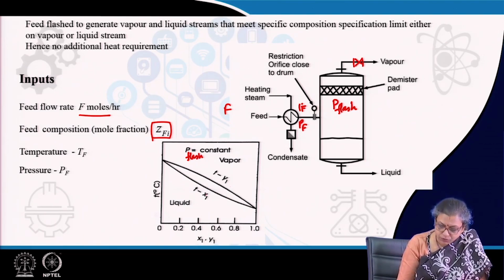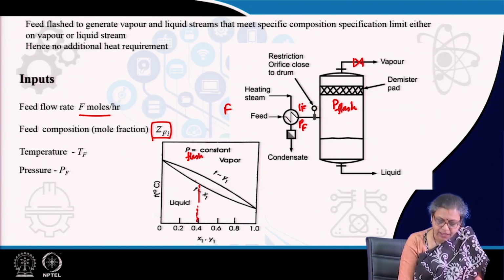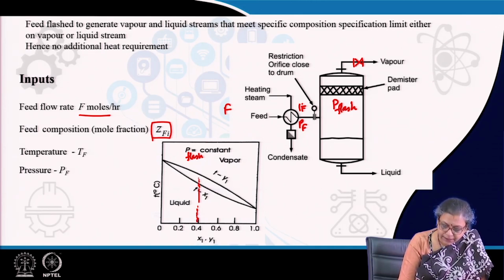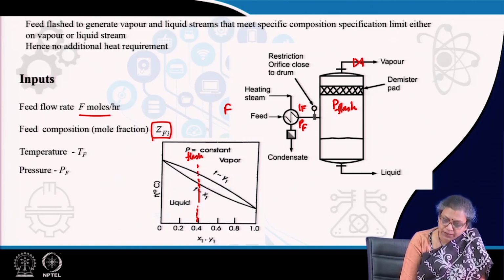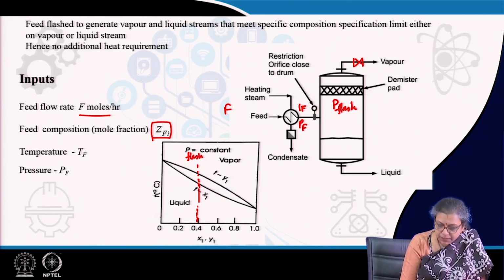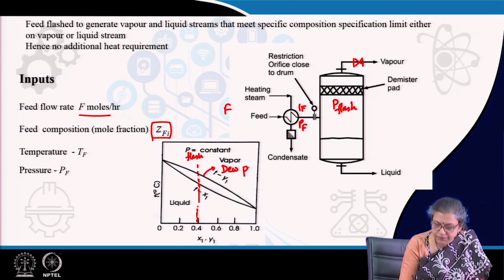So, suppose we know the composition, right. Now, once it is flashed, definitely it will lie on this particular line. When it is flashed, since it is separating into a vapor and a liquid, quite naturally it should lie on this particular vertical line between the dew point curve and the bubble point.